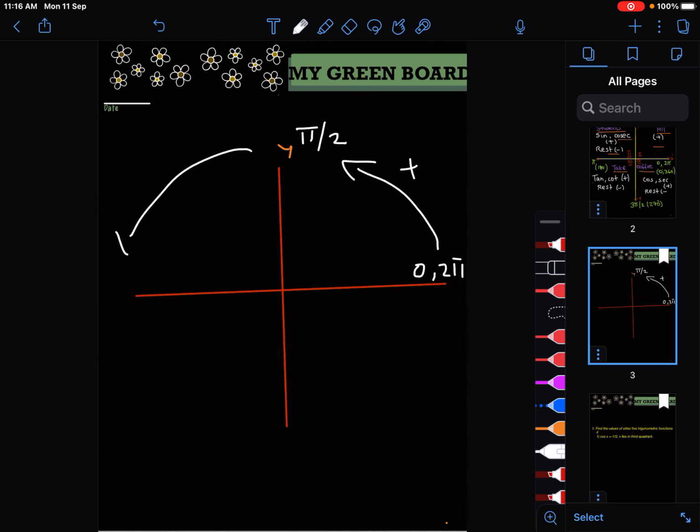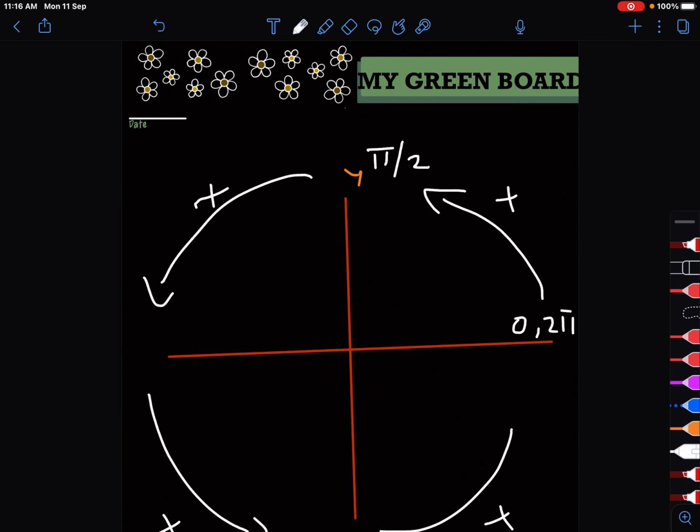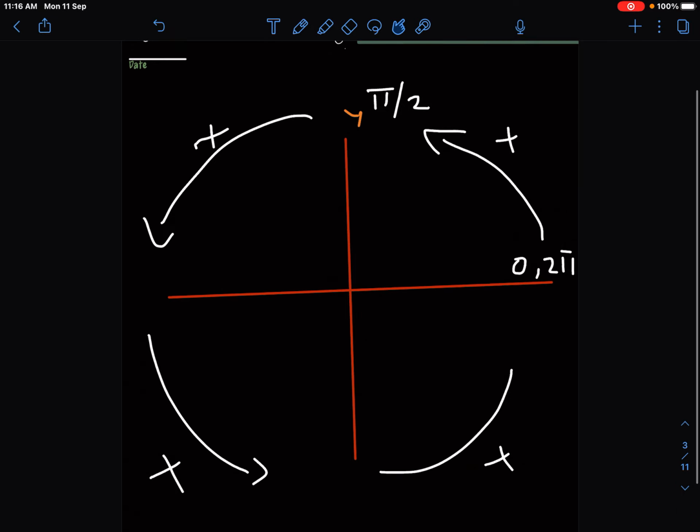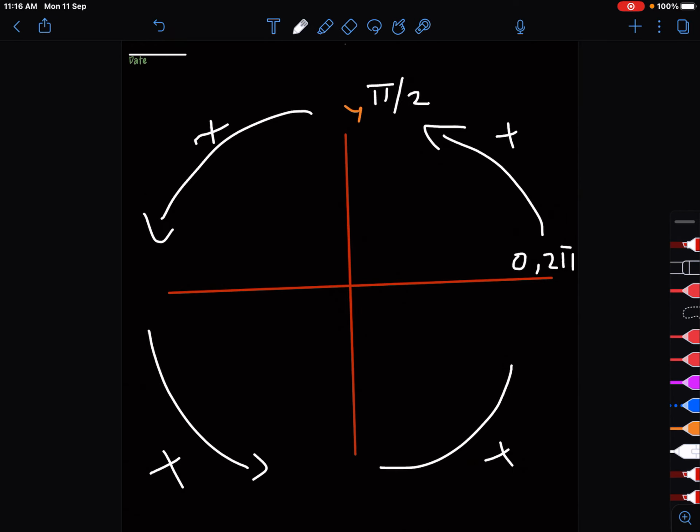We are just going to see from 0 to 90 degree, 90 to 180 degree, 180 to 270 degree. 270 in terms of radians will be 3 pi by 2. We know pi is 180, so just multiply it by 3 and divide it by 2. We will get 270.